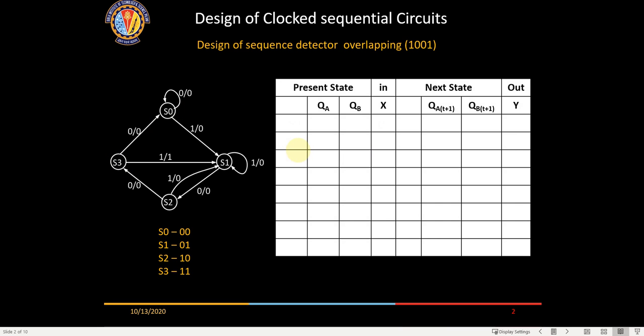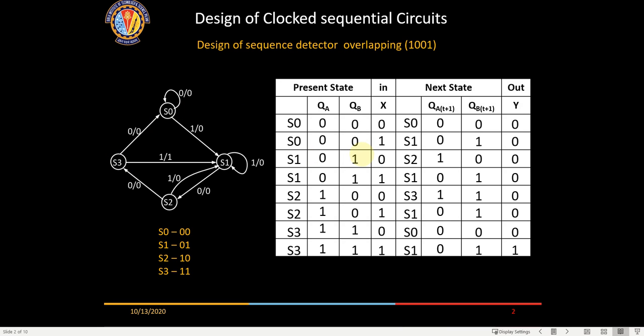So this was something which we did in the last class, where we had to detect a sequence. The input was a sequence of numbers which were coming, and we need to detect the sequence properly. That is 1001 was the question given as an example.